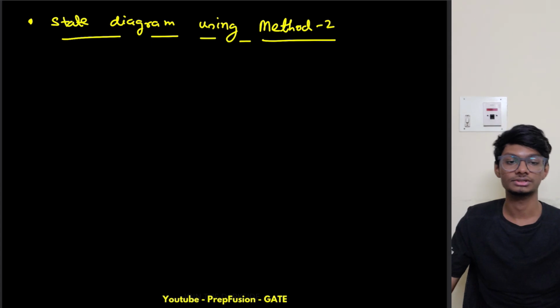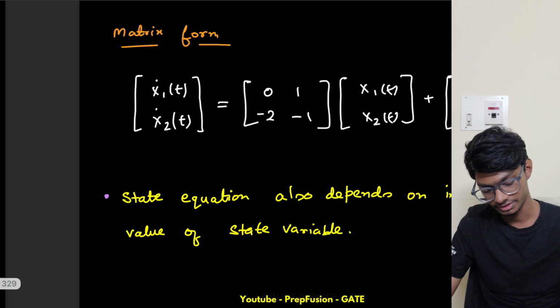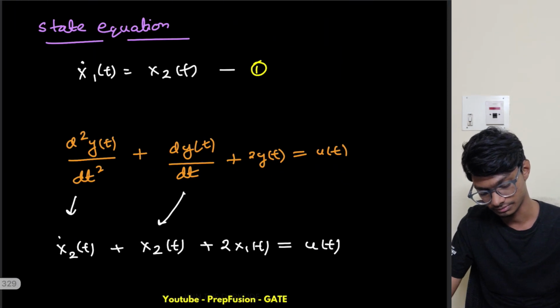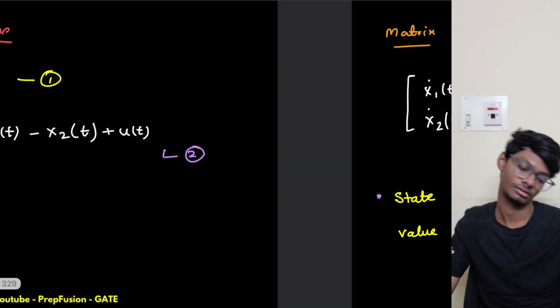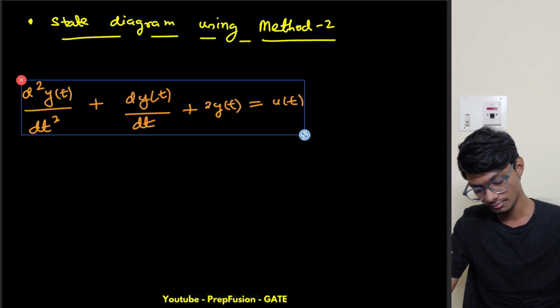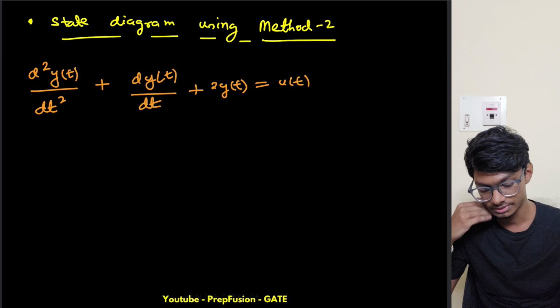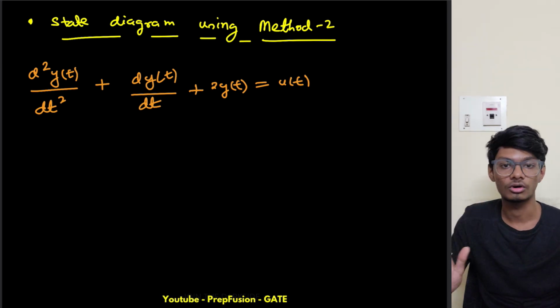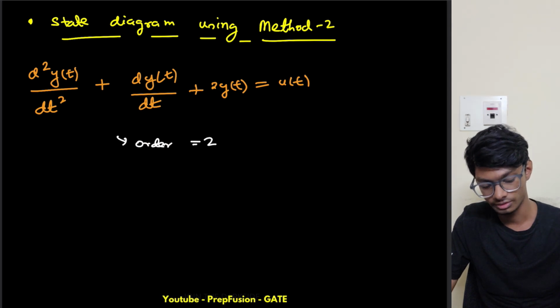For that, first I have to write the differential equation, basically the output differential equation that we got right here, this one. So this is the differential equation. What is the order of the equation? Order is 2.